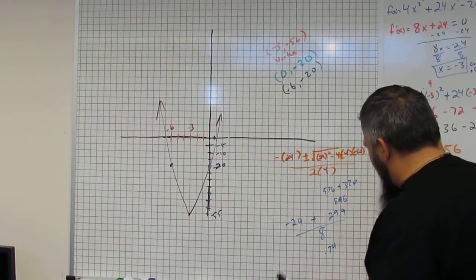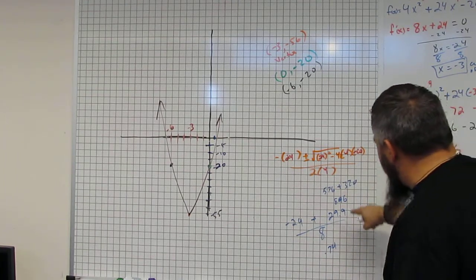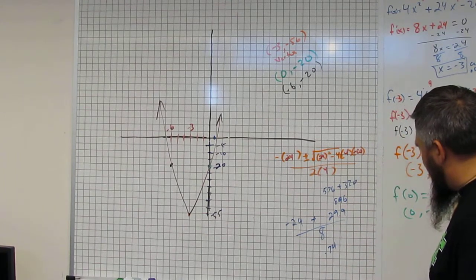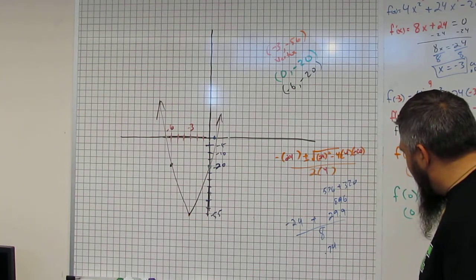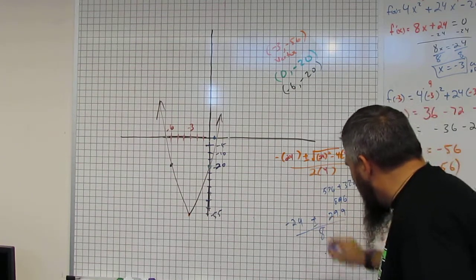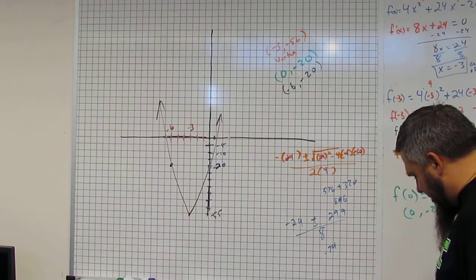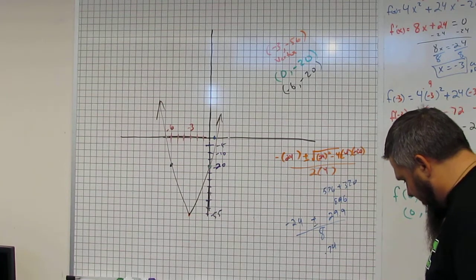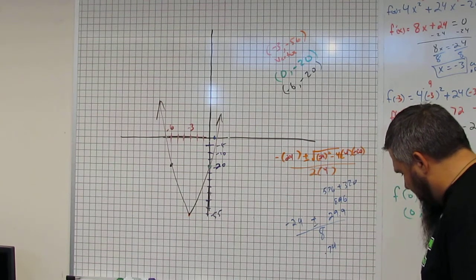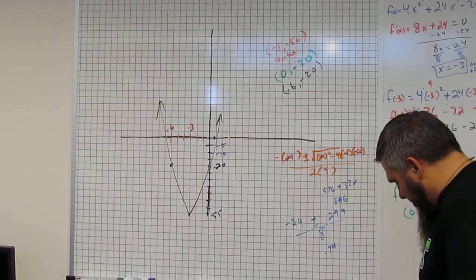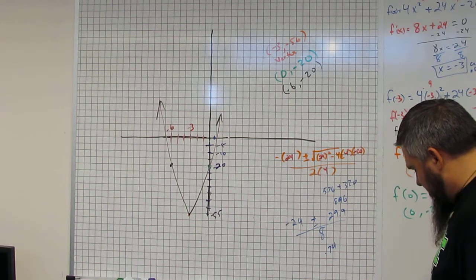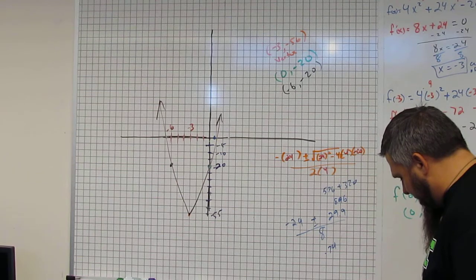And then if I do it again, except I'm going to take the 29.9 and subtract. So that's going to be negative 24 minus 29.9, equals, divide by 8.